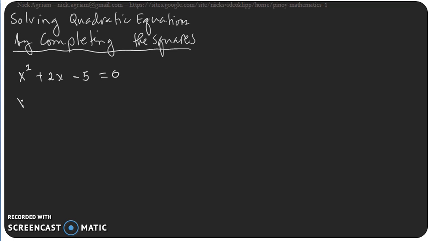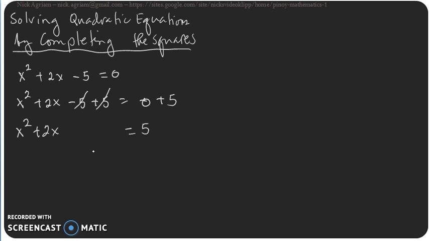So I have x squared plus 2x minus 5 plus 5 is equal to 0 plus 5. I will remove the constant from the left-hand side of the equation. So I only have x squared plus 2x is equal to 5.